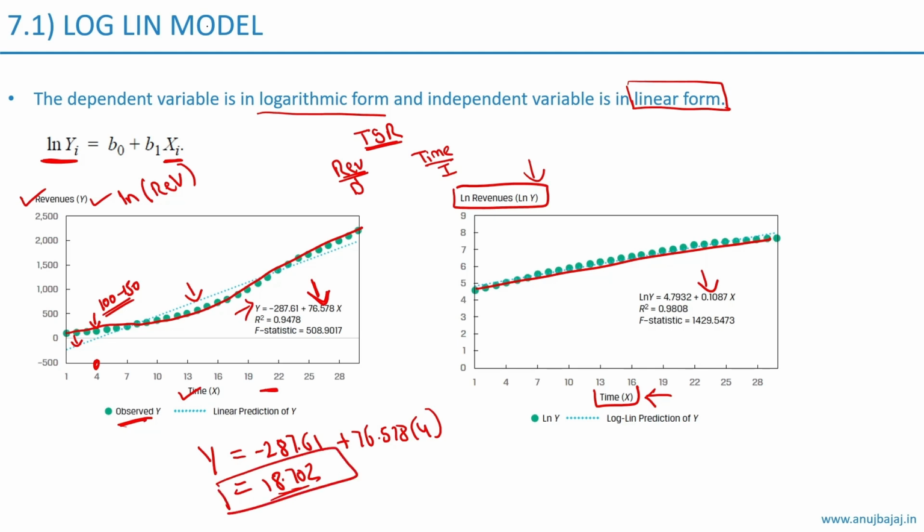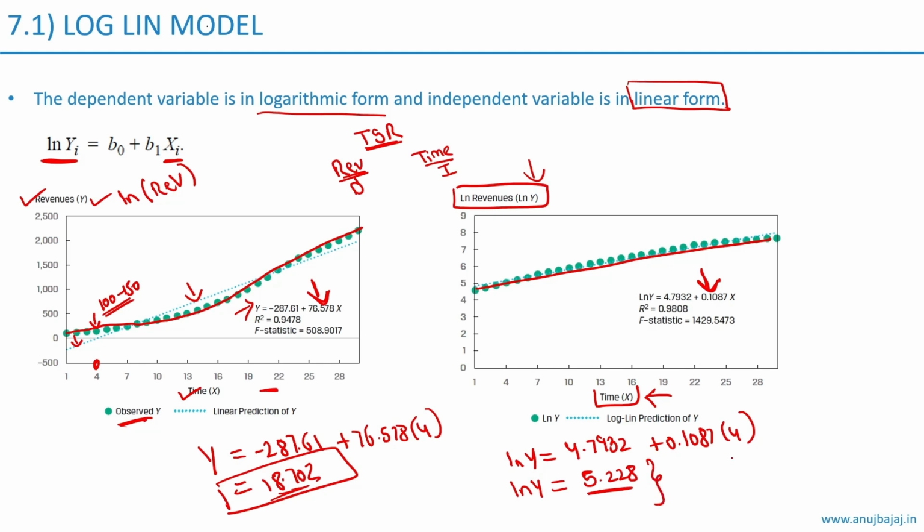Now let us see what value we get using this model. The log of y equals 4.7932 plus 0.1087 multiplied by 4. So the logarithmic value equals 5.228. This is the logarithmic value of the dependent variable. Now let us convert this logarithmic value into its actual, or linear, value.